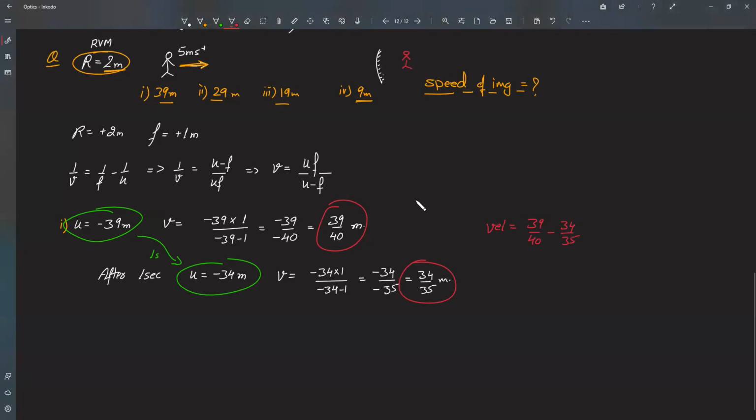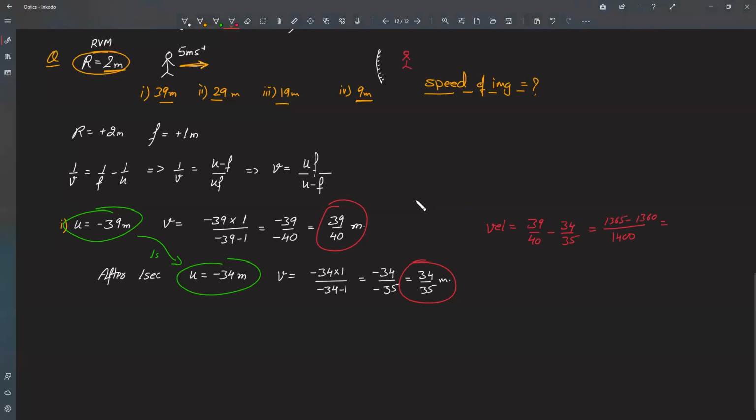If we are finding 39 by 40 minus 34 by 35, you will get how much? Multiply 35 into 40, that is 1400, and 39 into 35 and 34 into 40 gives 1360.